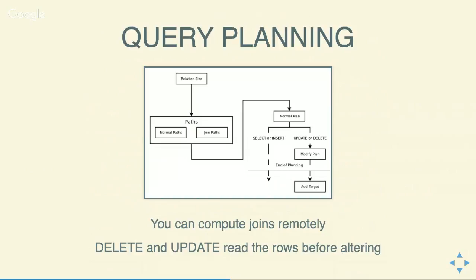Now, here we have a division between the different kinds of queries that you can do. And it's important to realize that updates and deletes first scan the table in order to select the rows that will be altered. And then they provide those rows to the alteration methods.